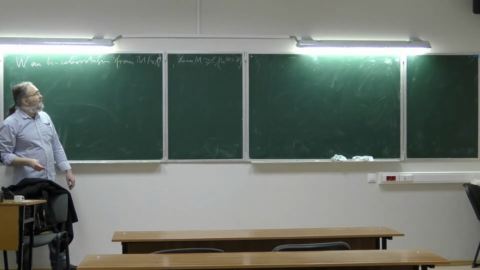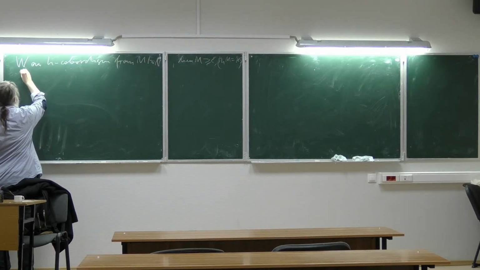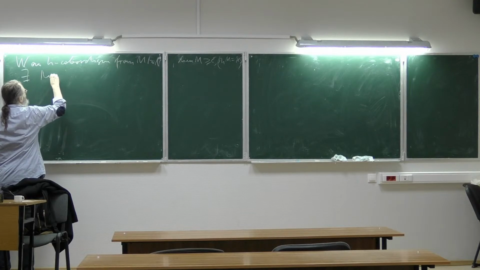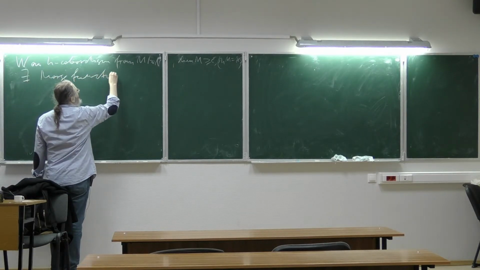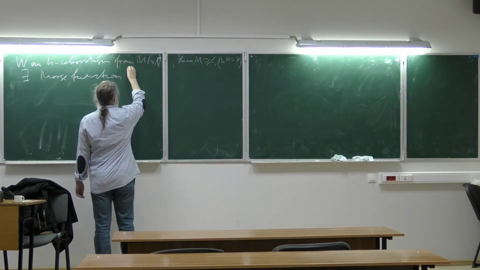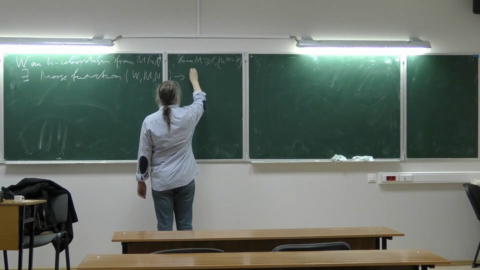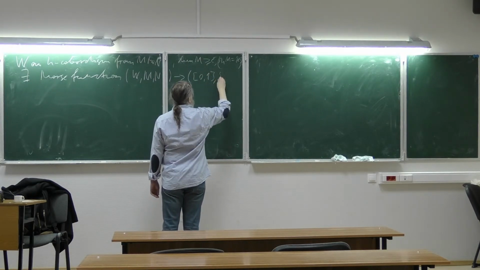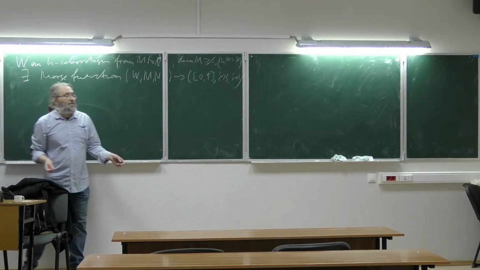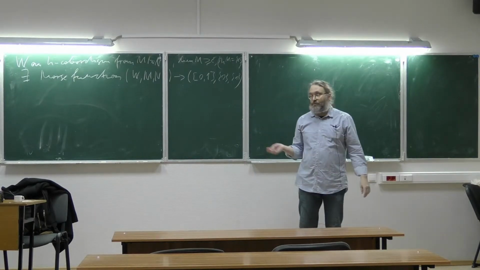Okay, now, well, the first step, which we will not prove, is that there exists a Morse function on W, which takes W to [0, 1], which takes M to 0, M to 1.